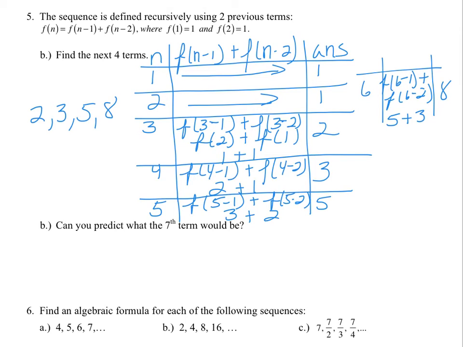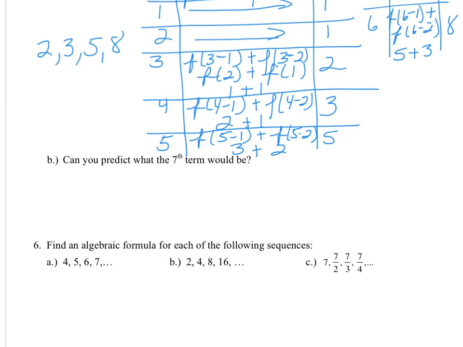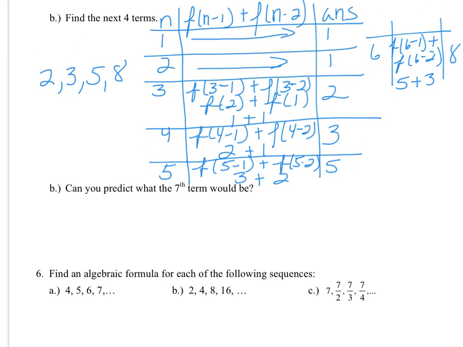All right, let's go to letter B here. What is letter B saying? Letter B says, can you predict what the seventh term would be? Well, let's see now. If I look at this, it's the sum of the previous 2 terms, isn't it? 1 plus 1 is 2, 2 plus 3 is 5.